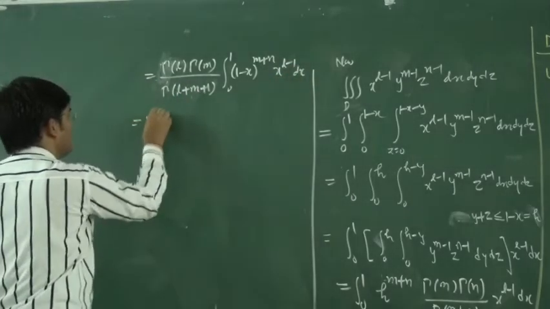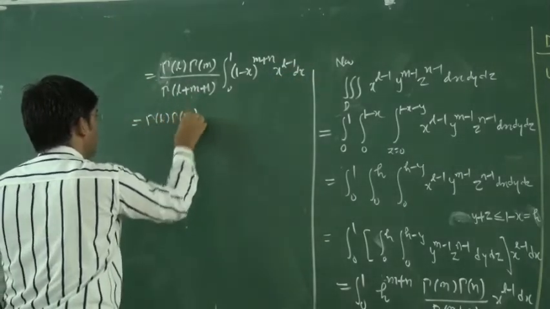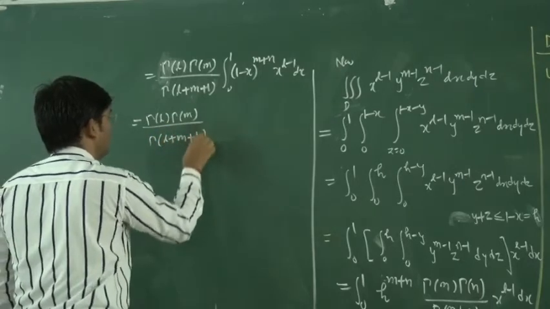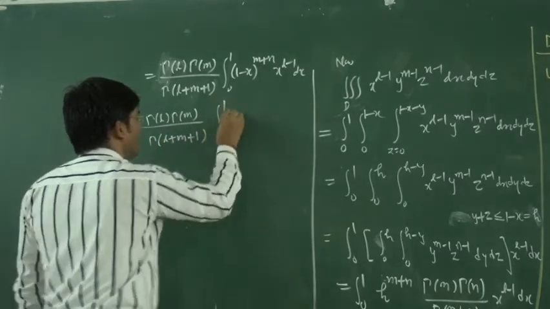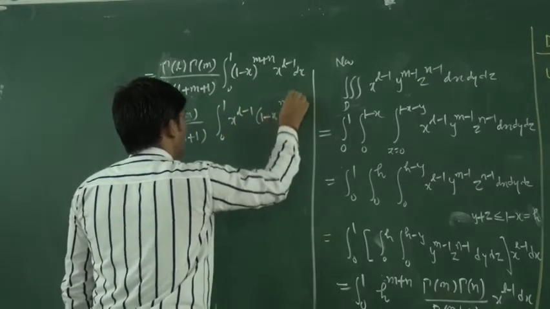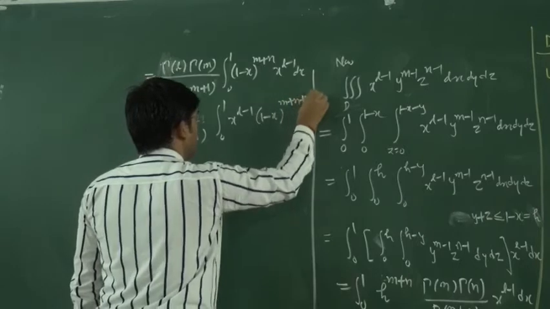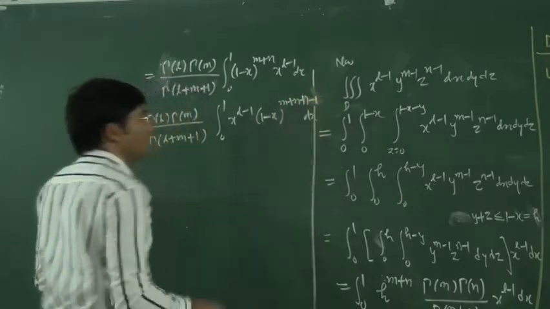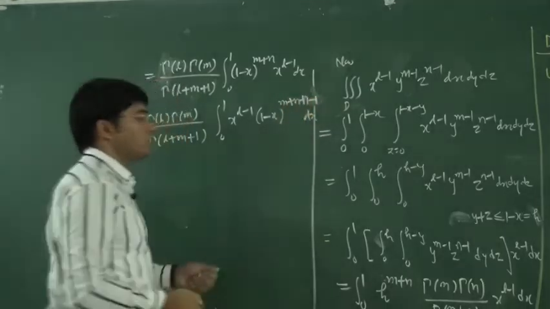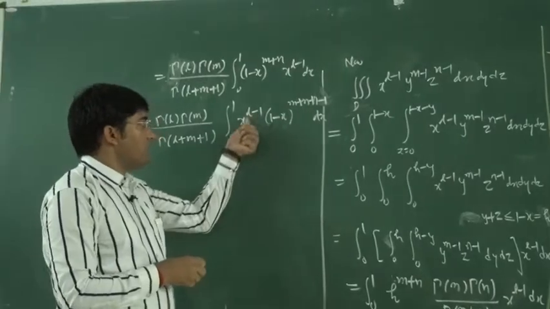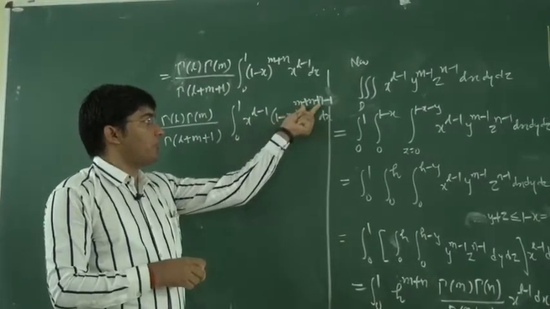Now this can be written as gamma l into gamma m upon gamma n plus m plus 1. Then we have integral 0 to 1, x power n minus 1, 1 minus x power n plus n minus plus 1 minus 1 into dx. Now this is again the definition of the beta function, x power l minus 1 into 1 minus x power m minus 1.